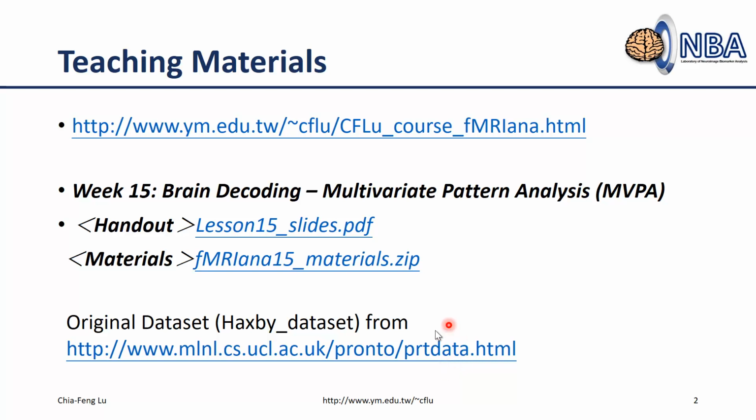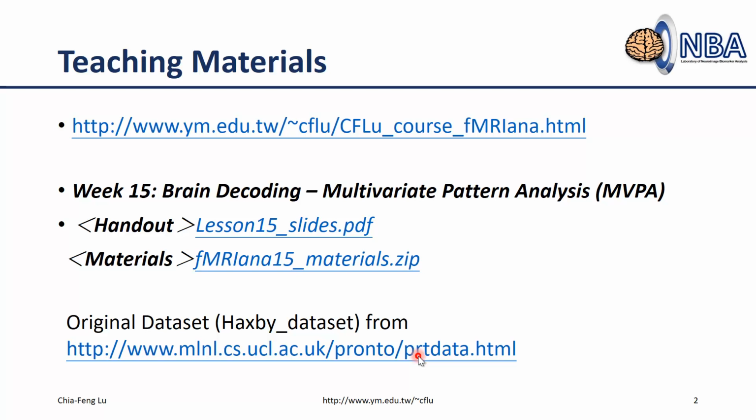The authors from the Pronto development team provide 3 or 4 different datasets, but today we only use the first dataset. This dataset is a very important one because it is the same dataset as the paper published in 2001 in Science.